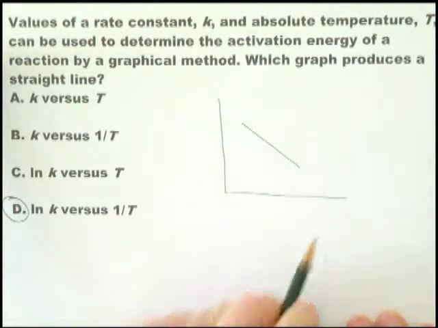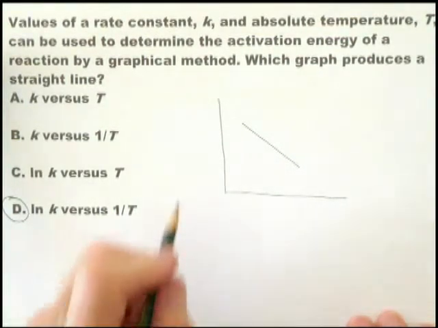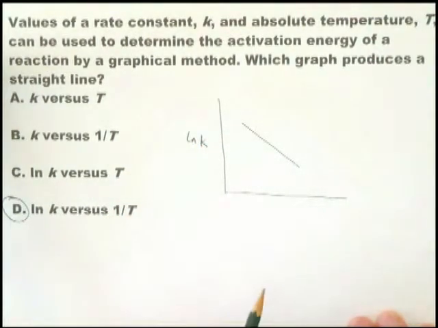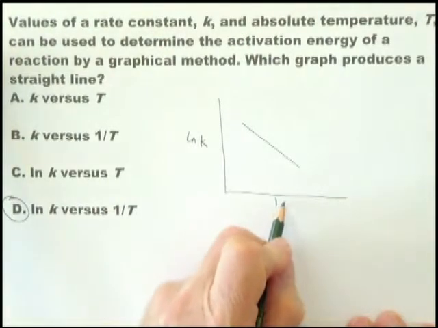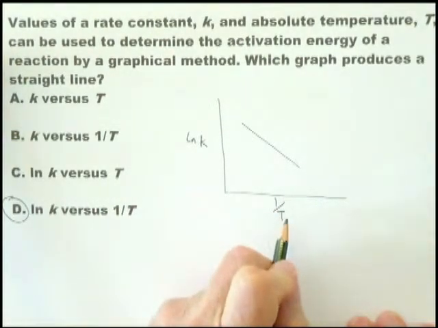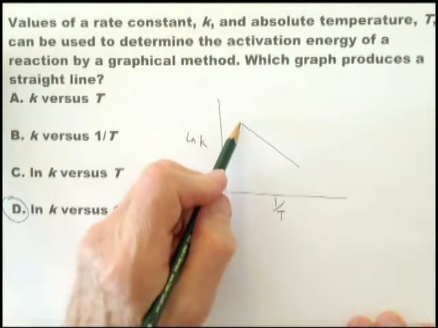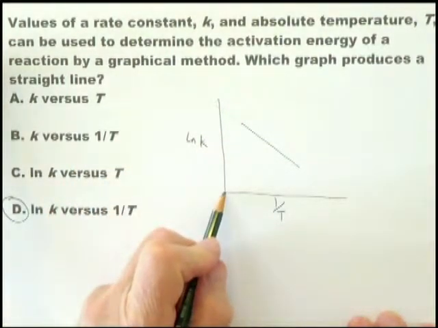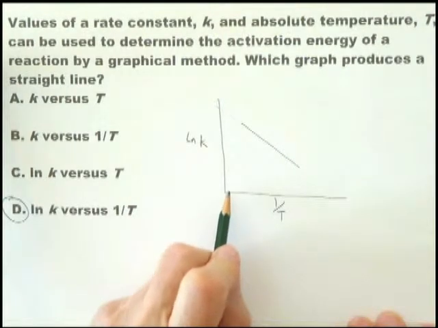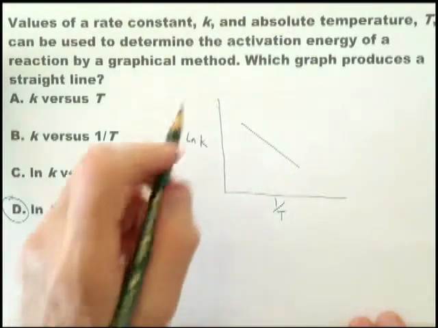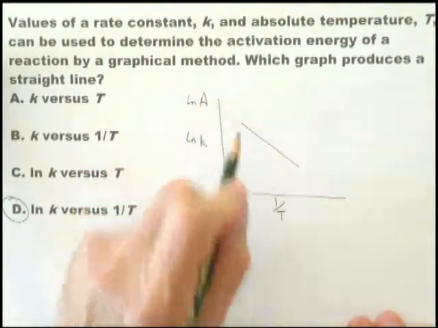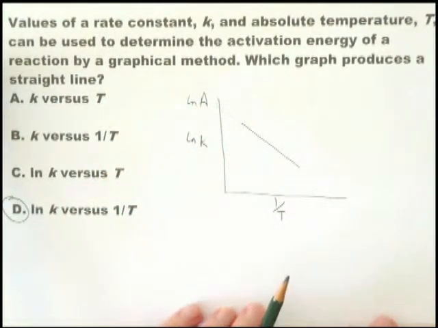If they give you an actual graph, it looks like this, and there is where ln k is, the log of the rate constant, and this is 1 over the temperature. If they asked you to extend this line, let's say to that point, then when 1 over the temperature is 0, ln k equals ln A. That's the log of the Arrhenius constant.